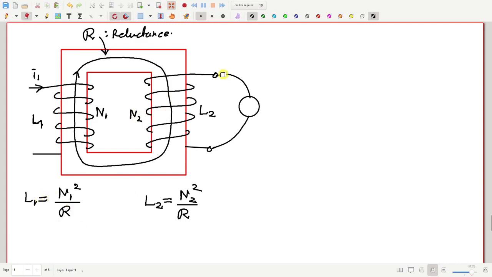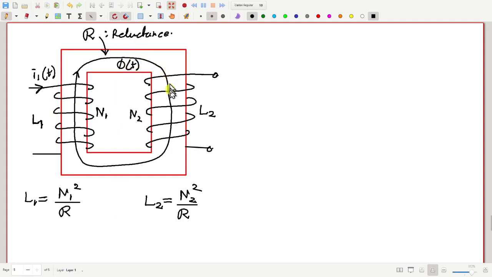But now we are going to consider mutual inductance between these two coils. Suppose the second coil is open, there is no current, but the first coil has some current, I1. And if I1 is a function of time, that can change as a function of time. Therefore, this flux that flows through the coil will also be a function of time.